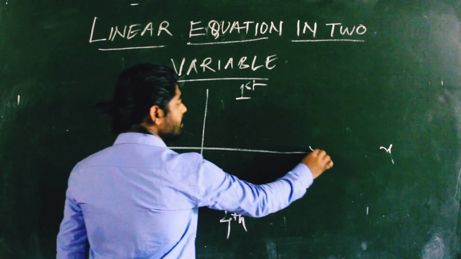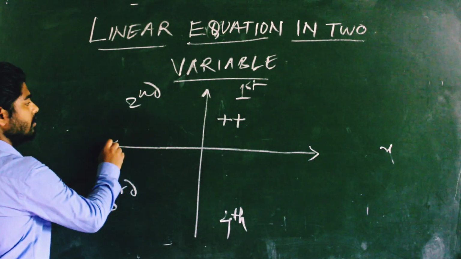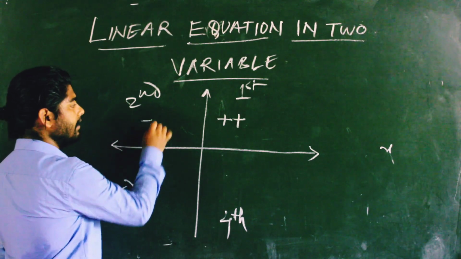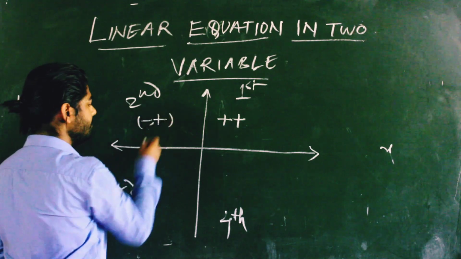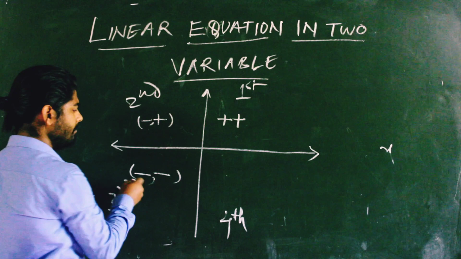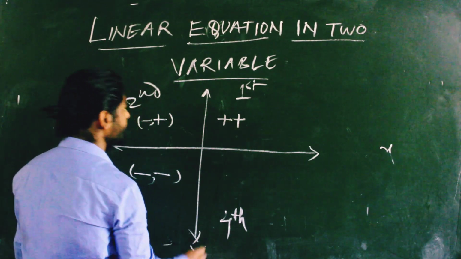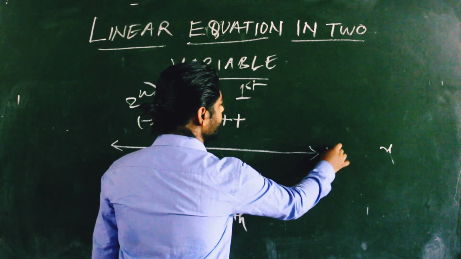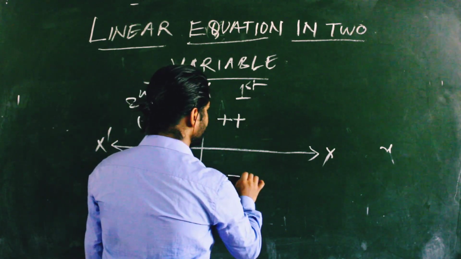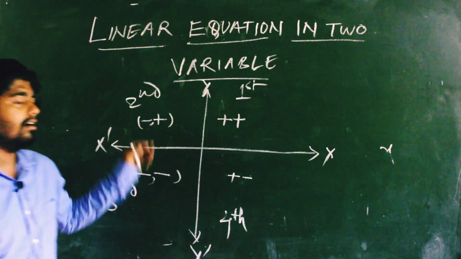In the first quadrant you will have only positive numbers: x-axis positive and y-axis positive. In the second, x is negative and y is positive. Here negative and negative. Here you will get positive and negative. These are the details of the graph.